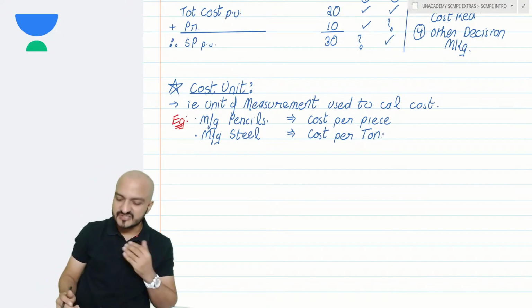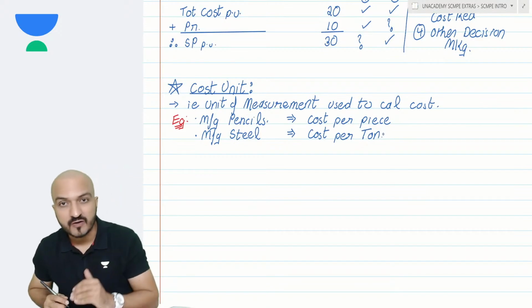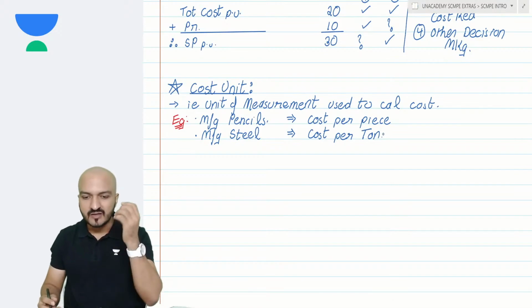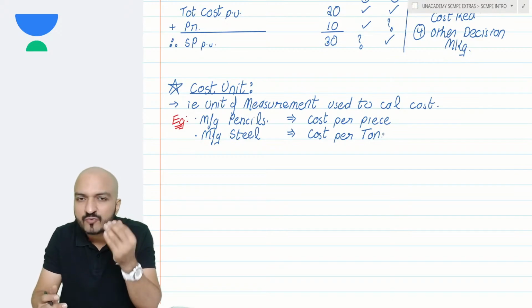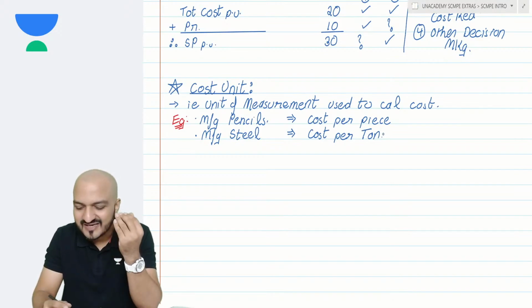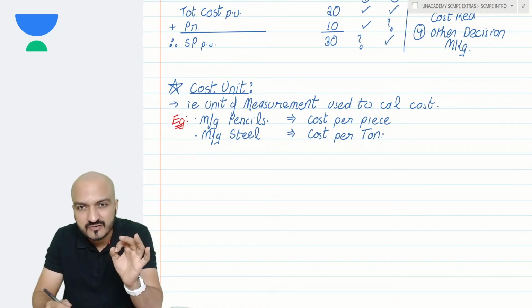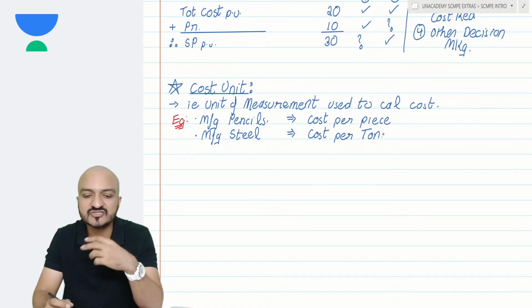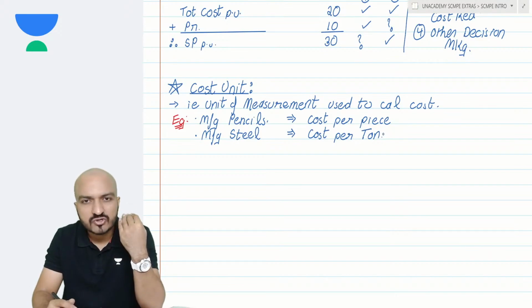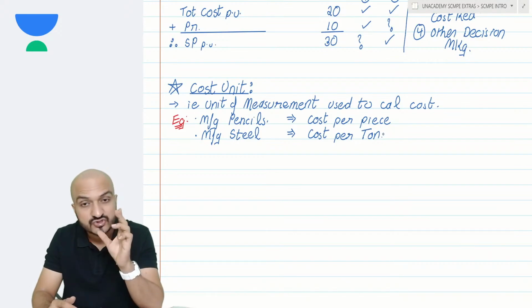Exactly. Steel will be measured in terms of per ton because in case of steel, kgs is a very small unit of measurement. When the company is going to sell the product, it is not sold in terms of kgs. It is going to be sold in terms of tons.